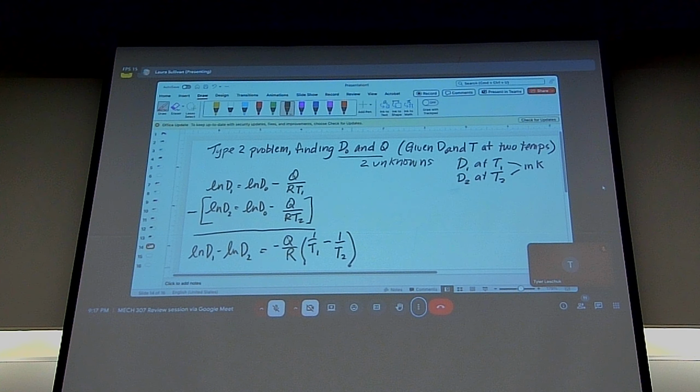So then you solve for Q. Then substitute Q into one of the original equations to find D0.